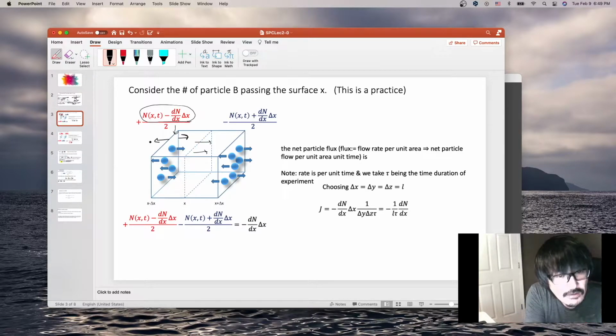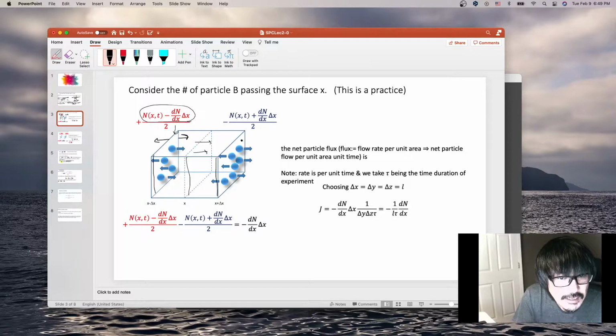And anything that goes to the right is eventually going to pass this surface right here. That just means that this surface is very close to that surface here. The same stuff here. We have another surface on the right, positioned at x plus delta x.